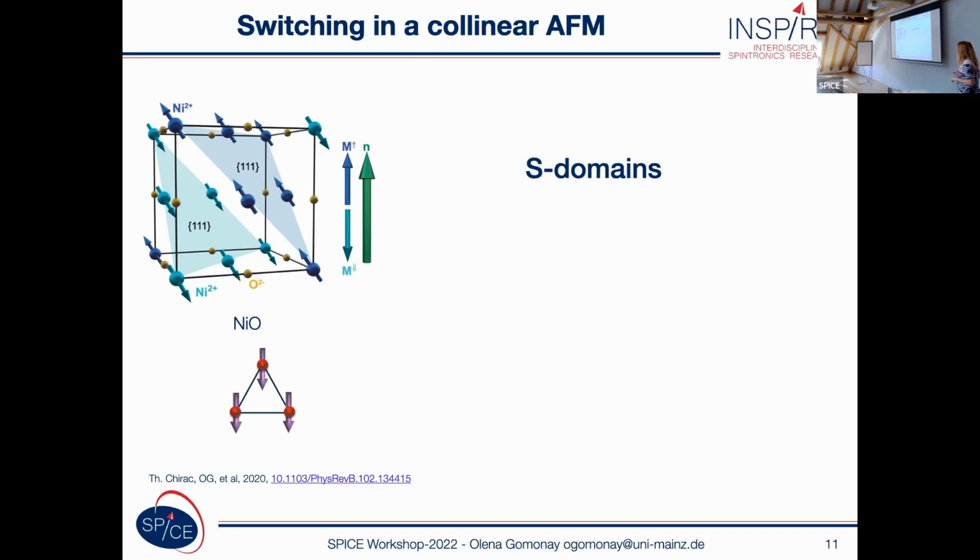The spins in the 111 plane, the easy magnetic plane, can be ordered in 3 different directions, which make 120 degrees. So this system can, in principle, be used for switching between these different states. And the question is, how can we induce this switching, and how can we control it?